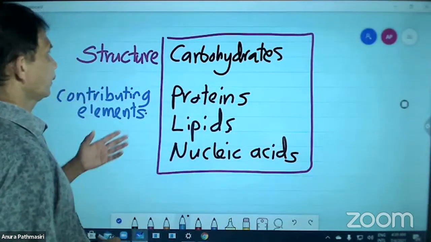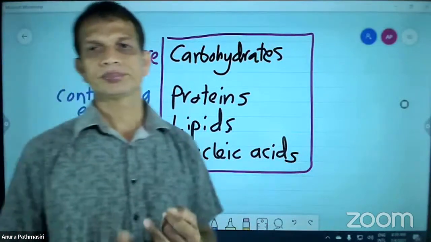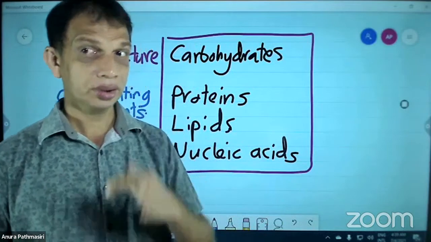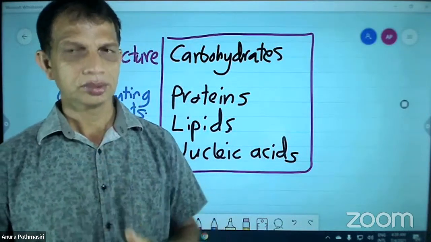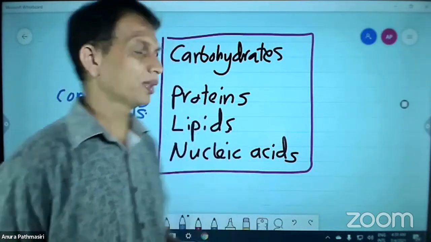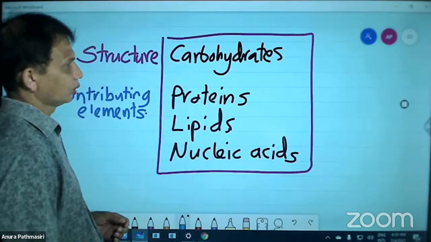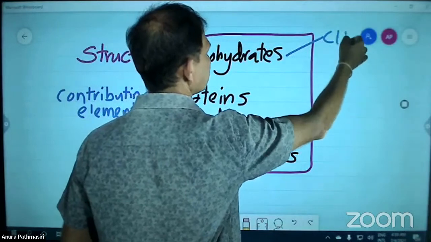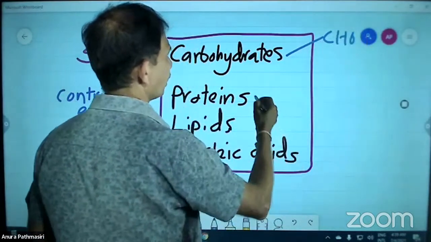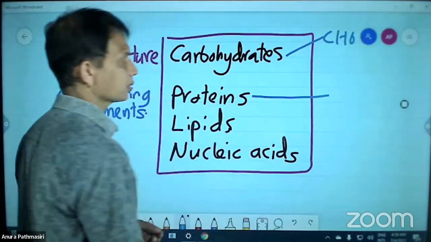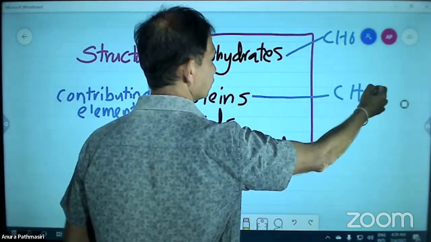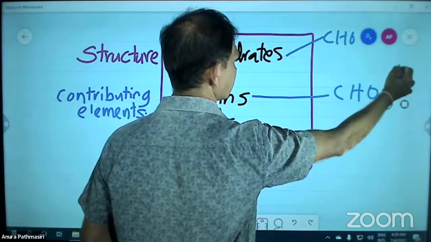If you say proteins, basically carbon, hydrogen, oxygen, and nitrogen. Very good. Nitrogen is also there.